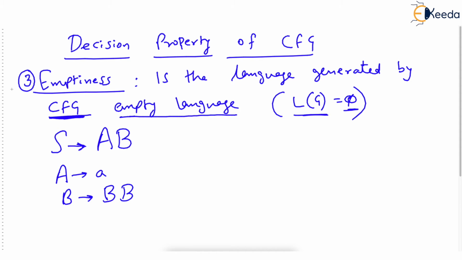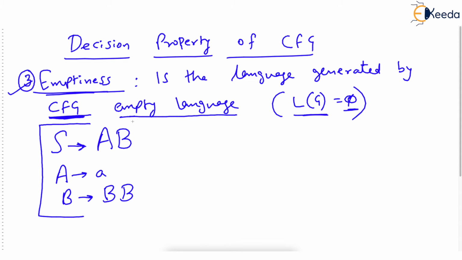But then we should try to figure out, is this problem solvable? Is there any strict algorithm or a method by which we can check whether the grammar is empty or not? There exists an algorithm, and we have already seen how to check emptiness in simplification of CFG. Given a grammar, it can be in Chomsky normal form or a simple CFG.